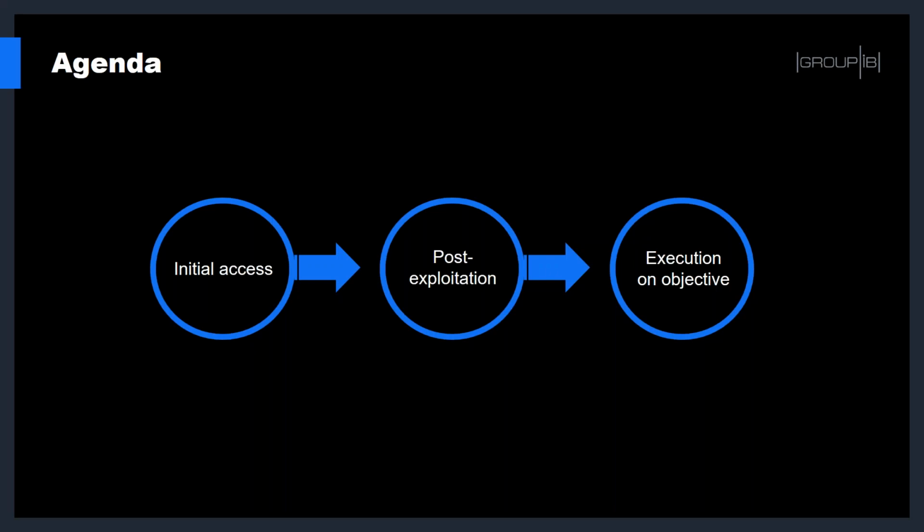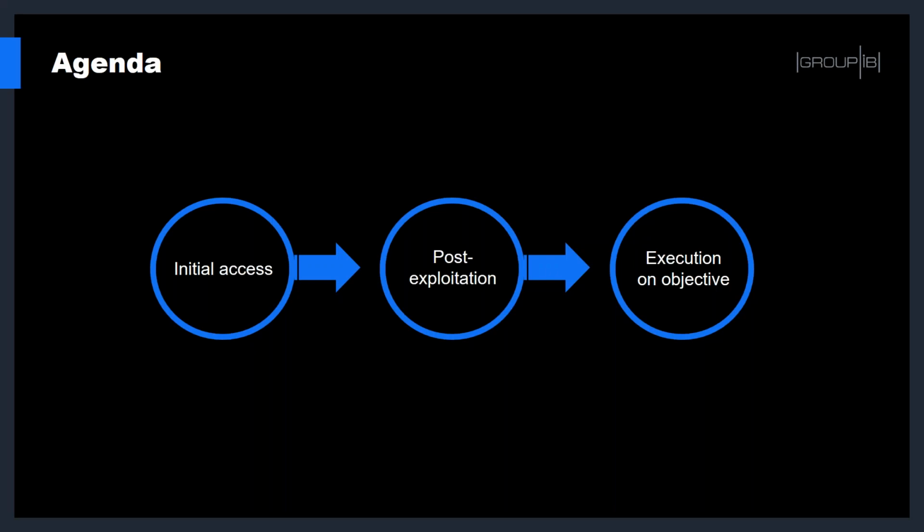Finally, we'll look at two different groups, and we'll look at the whole cyber chain. How did they initially access the network, how did they get credentials, how did they move laterally, and finally how did they deploy ransomware so they can receive a ransom or cannot.